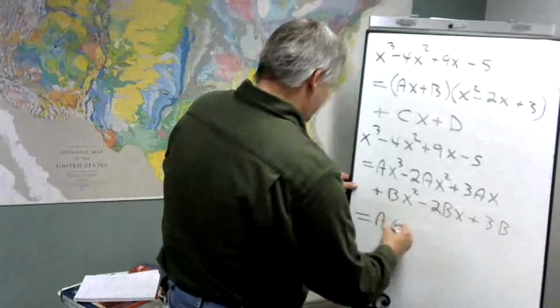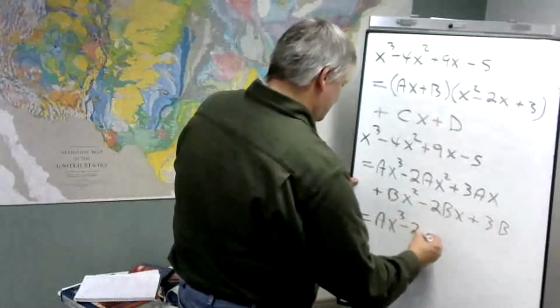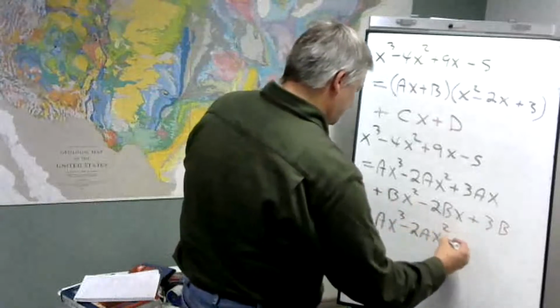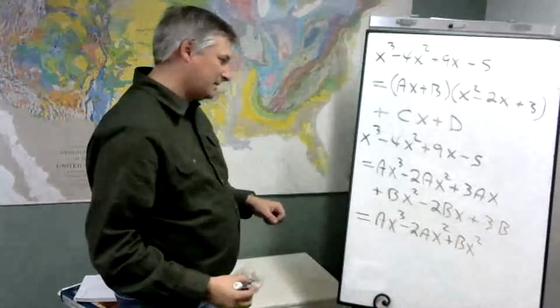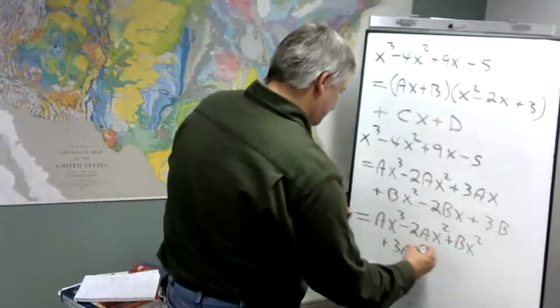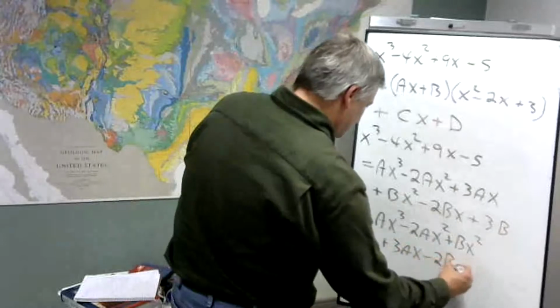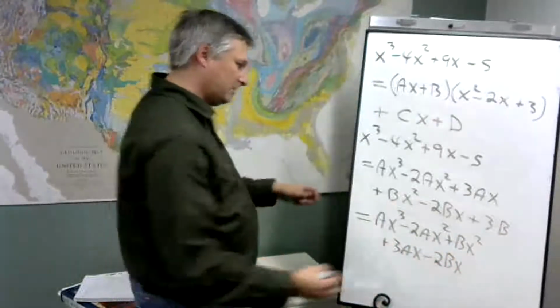So you have an ax³, cubed rather, minus 2ax² plus bx². And we have a plus 3ax minus 2bx plus 3b.